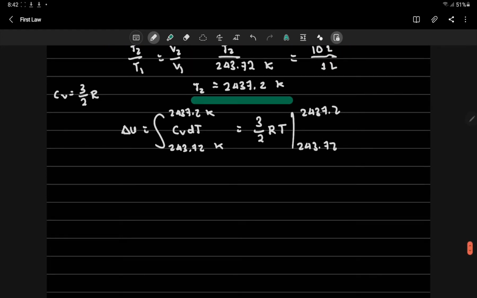Let's expand this expression: 3/2 R times the difference, 2437.2 minus 243.72. So we just applied the limits.